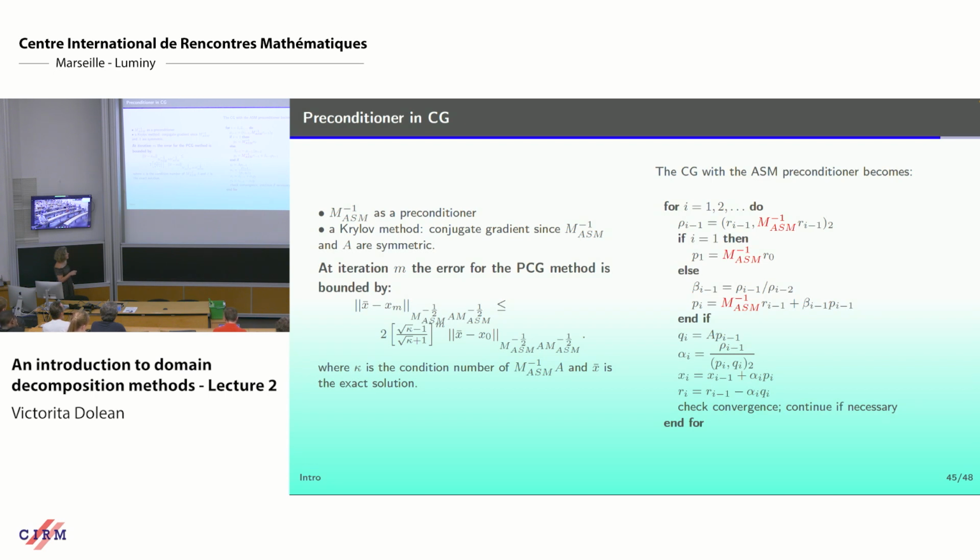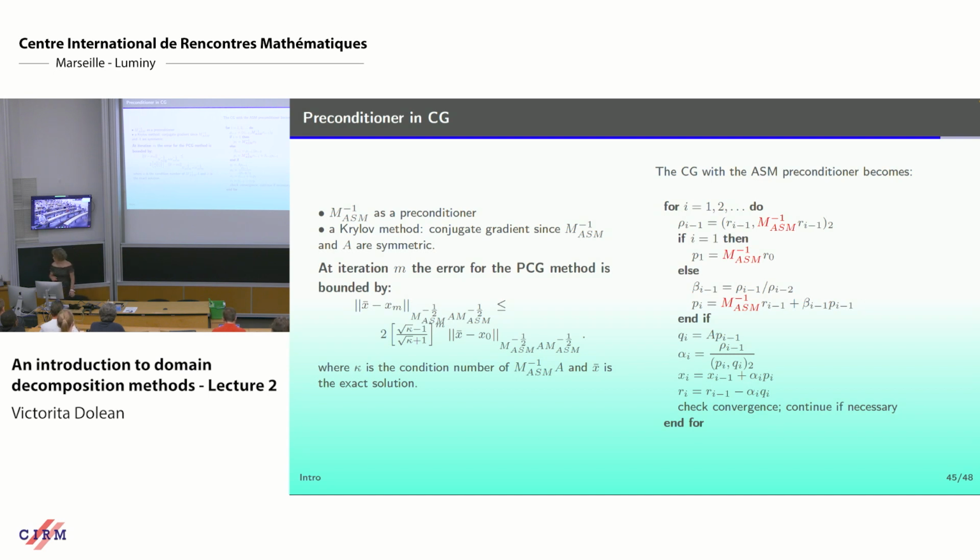The power m comes from the fact that I am at the m-th iteration. You see that the convergence of the conjugate gradient depends on the square root of the condition number. This is the quantity that you need to improve, to get it closer to 1, by applying the Schwarz preconditioner. There are a lot of other techniques to show how this can be improved, and this is the object of other talks, but I don't have time to show it now.